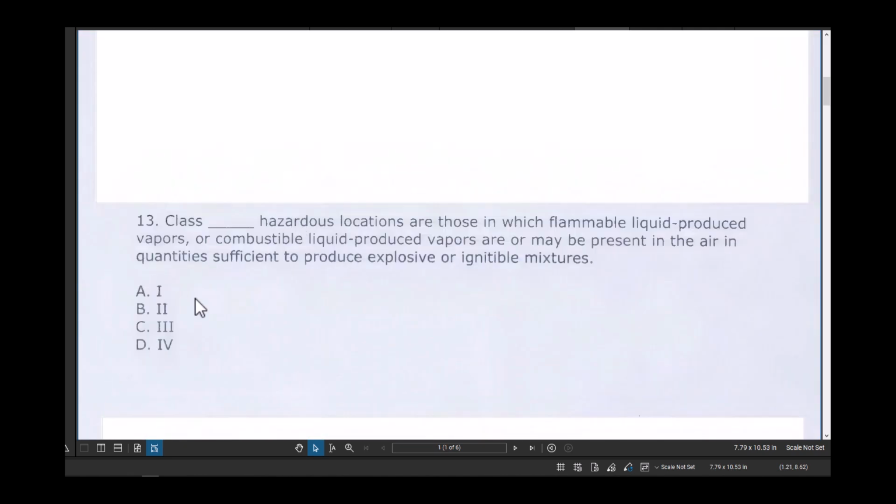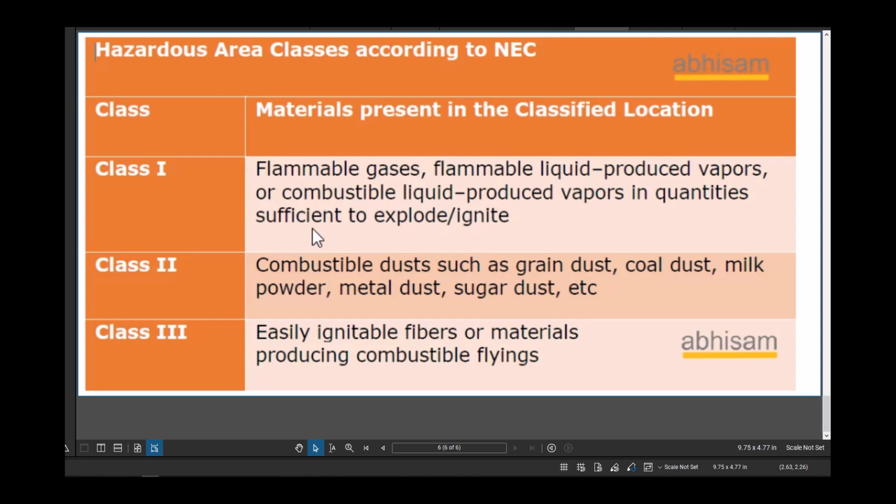A, class 1. For a summary of class 1, 2, 3, in this sheet you can see from this website, class 1 talks about flammable gases, flammable liquid produced vapors, combustible liquid produced vapor in quantity sufficient to explode or ignite. Class 2 is combustible dust.